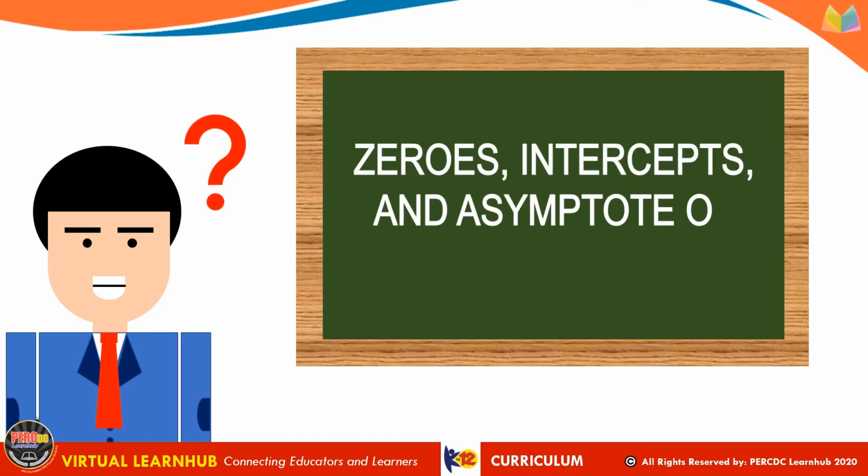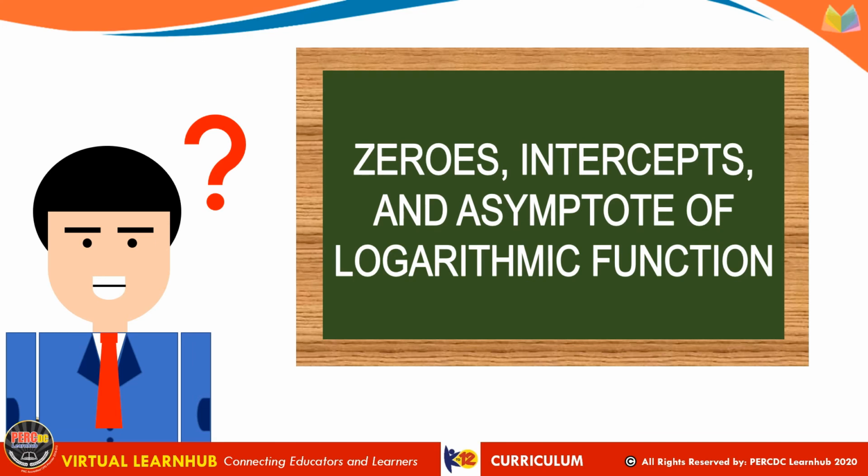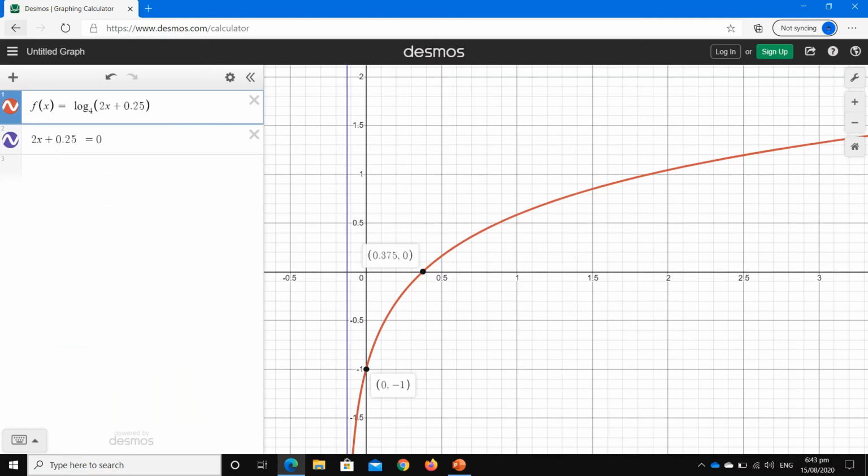Now let's discuss the zeros, intercepts, and asymptote of a logarithmic function. In this example, we have f of x equals log of 2x plus 0.25 to the base 4, represented by our red curve. The graph of our function passes through the x-axis and the y-axis.